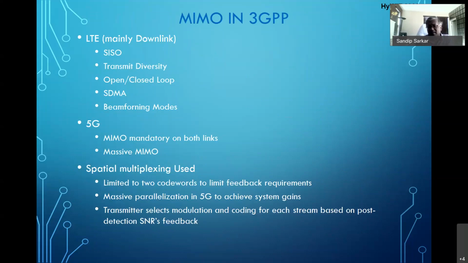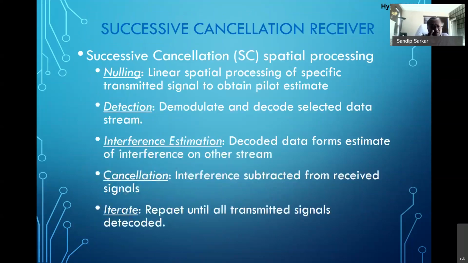Basically we have moved over to massive MIMO, essentially because at high frequencies the size of the antennas becomes very small and the propagation characteristics are really bad, so massive MIMO is used gainfully to still provide a reasonable amount of communication. We use a successive cancellation receiver, and all of you know this, so I don't need to do much. You do nulling, detection, interference estimation, cancellation, and iterate to get the final solution.